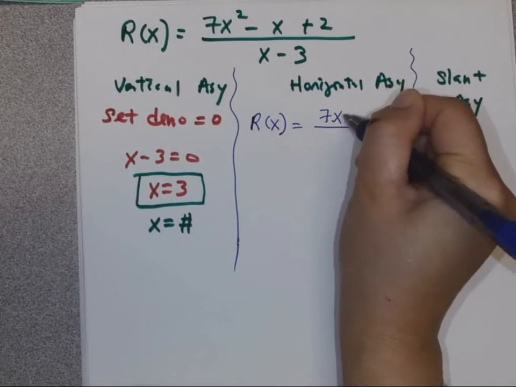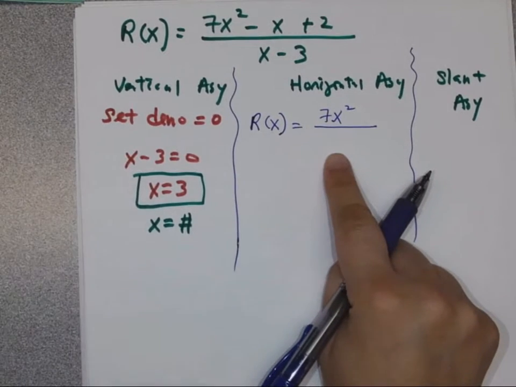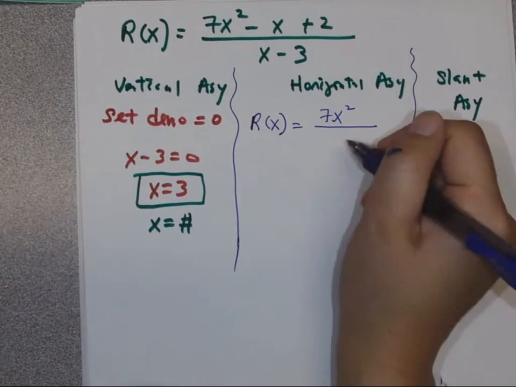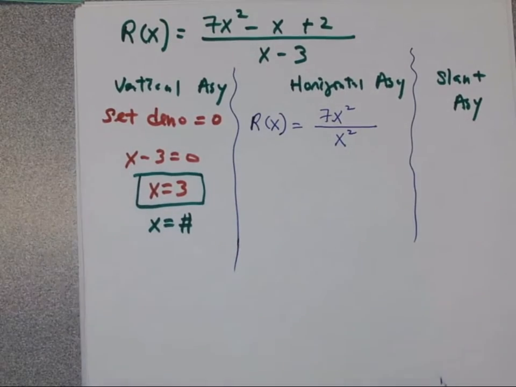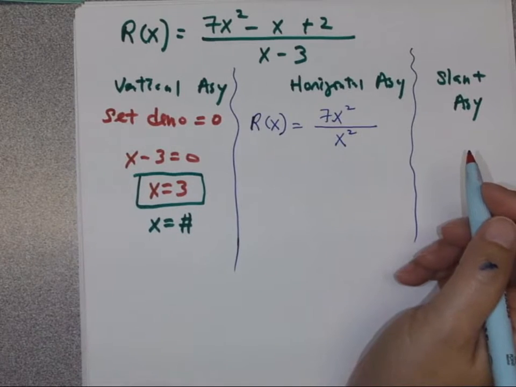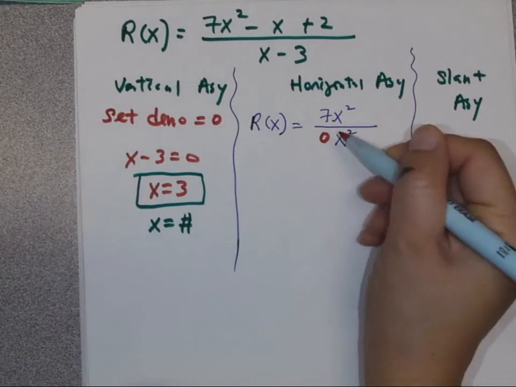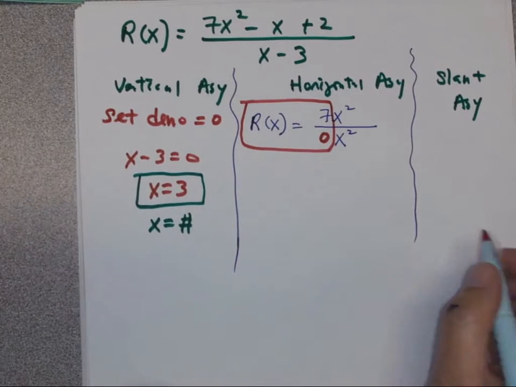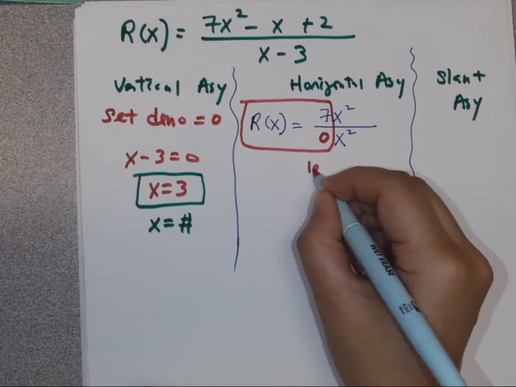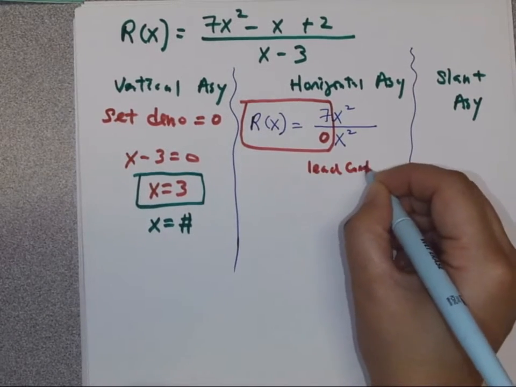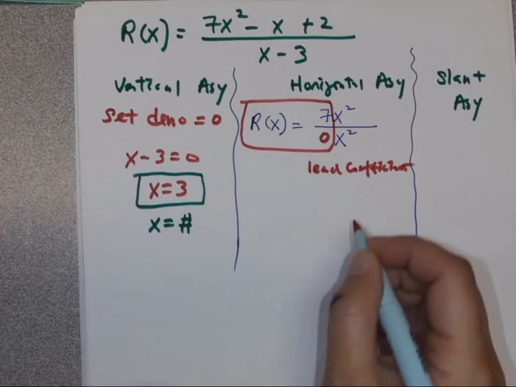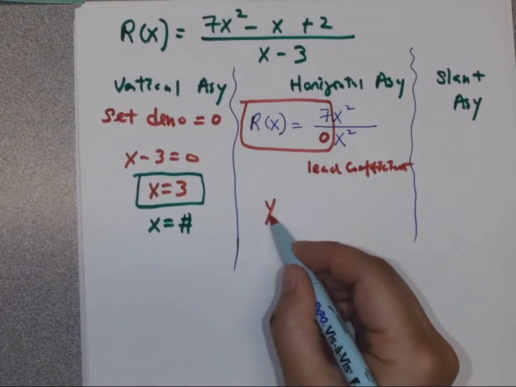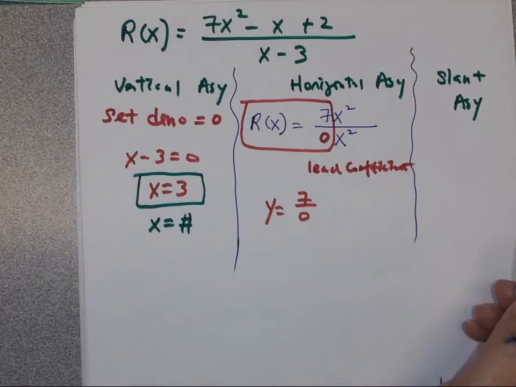7x squared is the highest power. Do I have x squared at the bottom? No. If I don't have an x squared at the bottom and I want to force one there, this x squared needs to be multiplied by a 0. So we basically pick up the leading coefficient top and bottom, and that means y equal to 7 over 0.